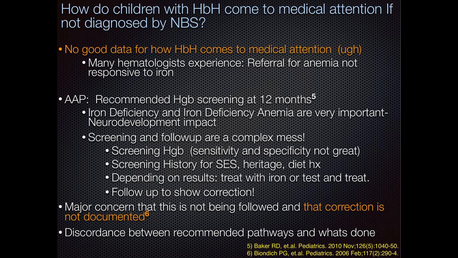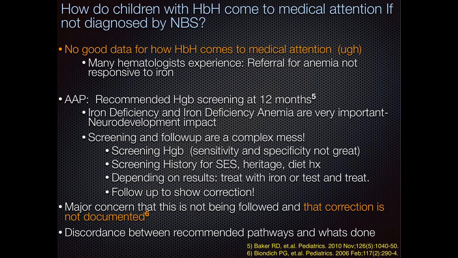Unfortunately, this is a real mess. First of all, it's usually screened for cost reasons by a screening hemoglobin, where the sensitivity and specificity aren't great. But it's also a complex screening algorithm the AAP recommends, where they also want to take into account a history for the socioeconomic status, heritage of the family, and diet history.